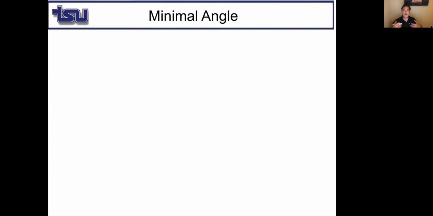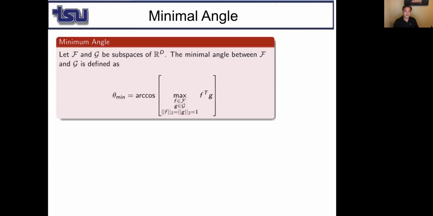Now we are going to talk about angle, minimal angle, but let's motivate ourselves a little bit on that. So what does this mean? Think about 2 vectors in R2. Assume this is vector F, assume this is vector G, and this is the angle. And assume we are in R2.